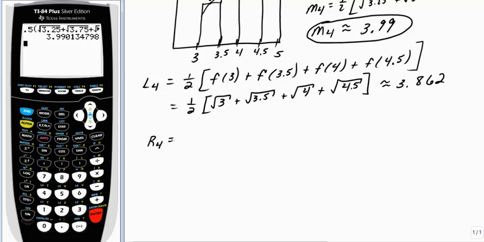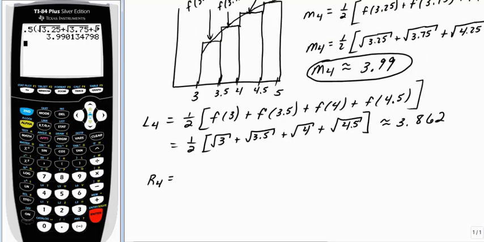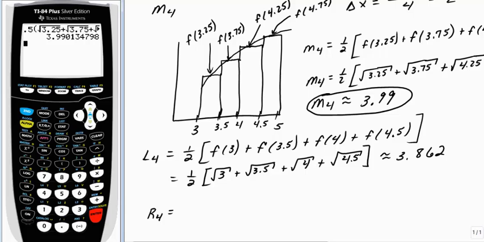Now, the R4 approximation. Please once again look at the region that we have here. If I'm using the R4 approximation, I'll still have 4 rectangles. The height of each rectangle now is just determined by the right-hand endpoint of each rectangle though. So I'll still have that common width of 1/2, but the first rectangle, the height is not determined by f of 3, and it's not determined by f of 3.25.